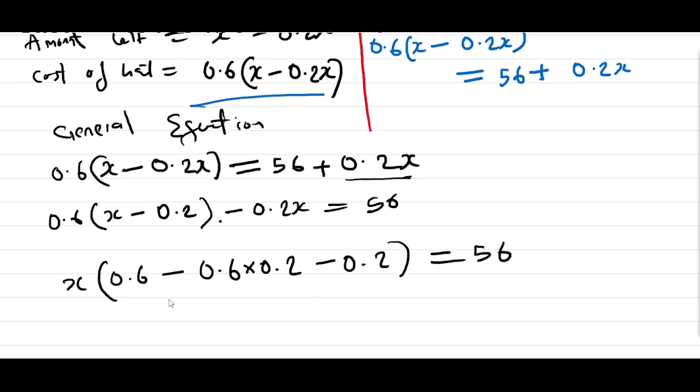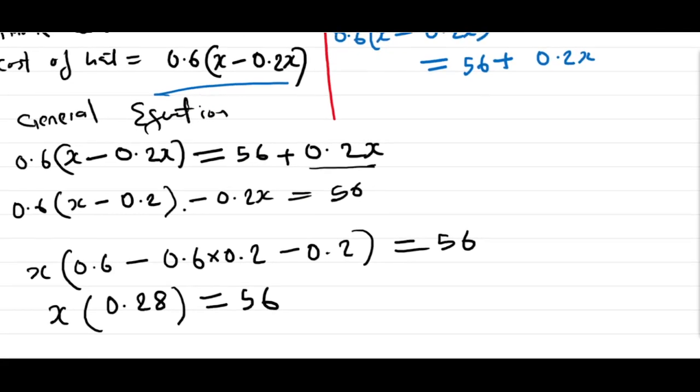Okay, so I will take care of the things in this bracket here, and I'll put x times everything in this bracket, which should be 0.28, and then we'll set it equals to 56.